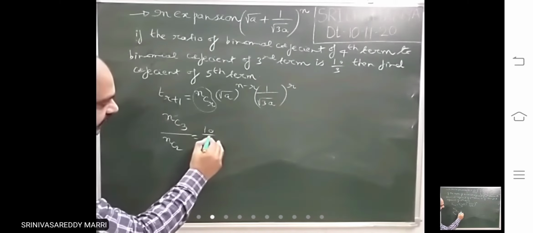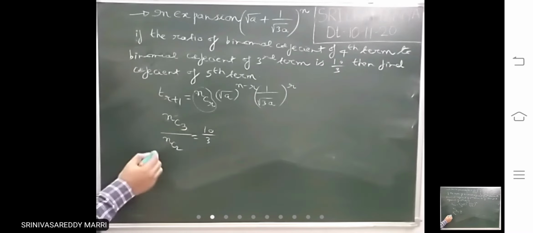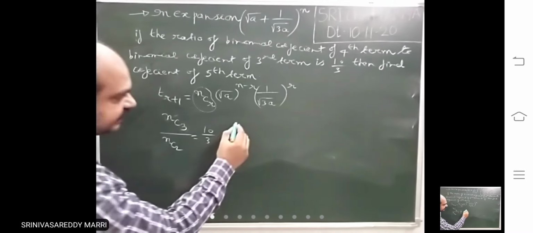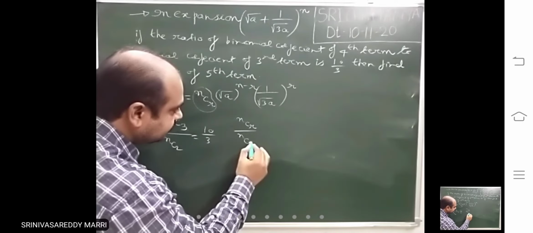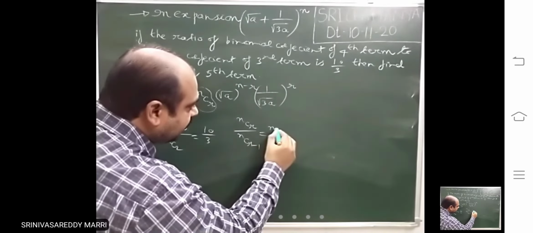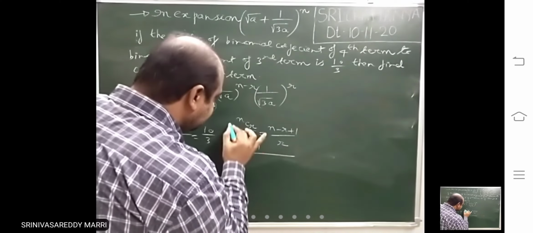nC3 by nC2 is 10 by 3. Not the complete term, only the binomial coefficient, meaning this combination term. Now I have told the formula nCr divided by nC(r minus 1) equals (n minus r plus 1) divided by r.